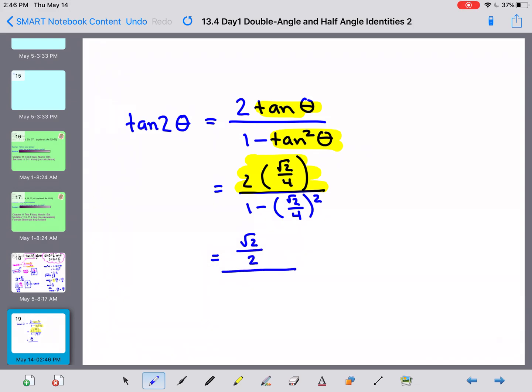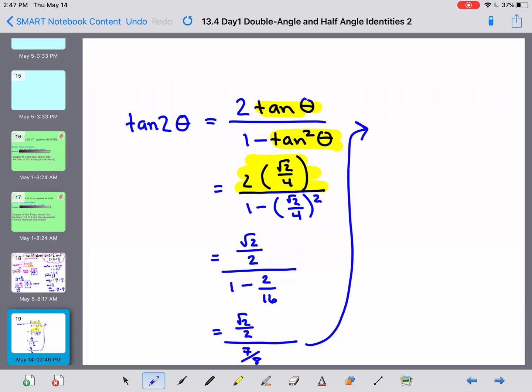Over 1 minus, I'm going to square this term. That becomes 2, because root 2 squared is 2, over 4 squared is 16. This then becomes root 2 over 2 over 1 minus 2/16, which becomes 7/8.